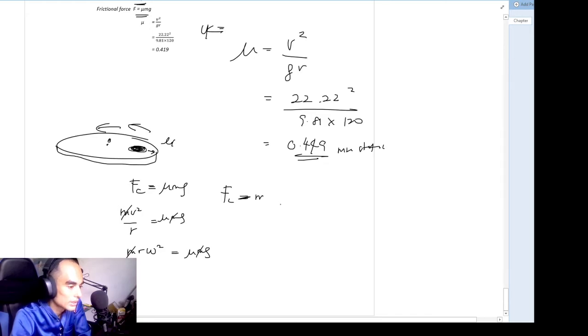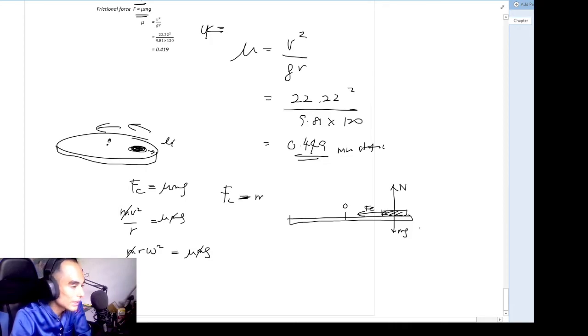Why do you want to minus? Okay, see, because this is the side view. This is the side view of the coin, right? So mg is over here, this is the normal, and this is Fc over here.